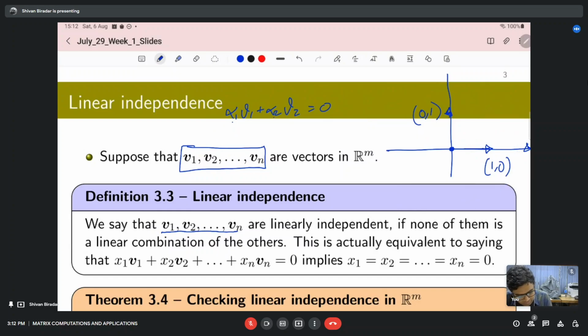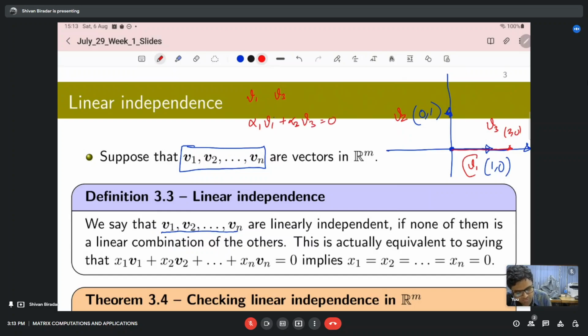Let us consider another vector, 2 comma 0, which is my v3, with this being v1 and this v2. Let us take the linear combination of v1 and v3: alpha 1 v1 plus alpha 3 v3 equal to 0.